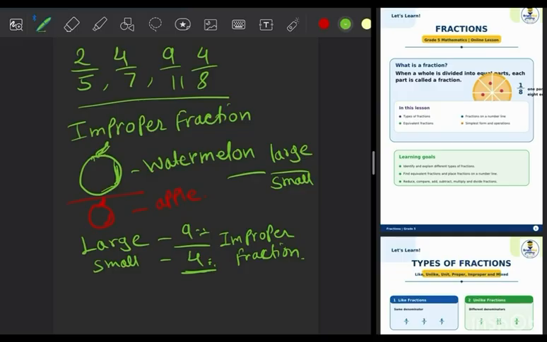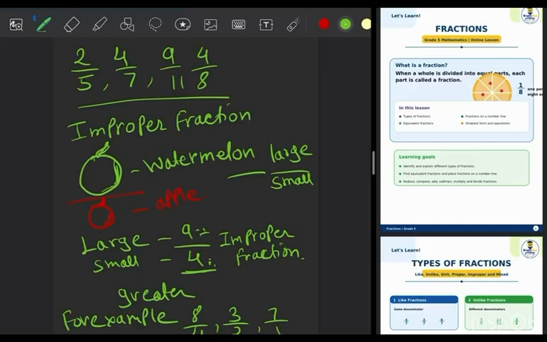So a fraction which has numerator greater than the denominator is called an improper fraction. For example, we'll take 8 by 4, 3 by 2 and 7 by 1.